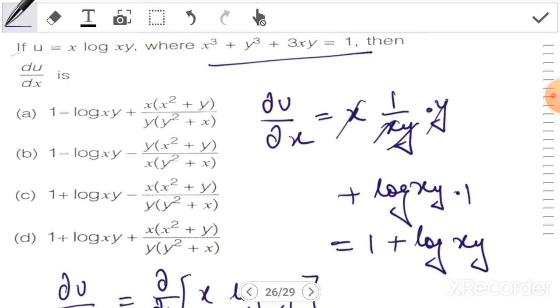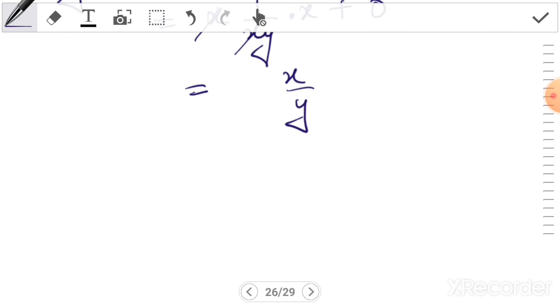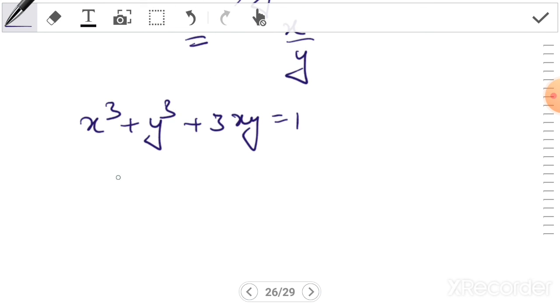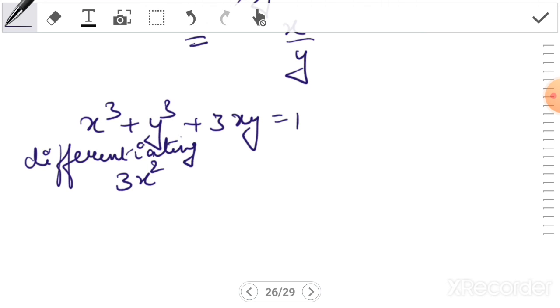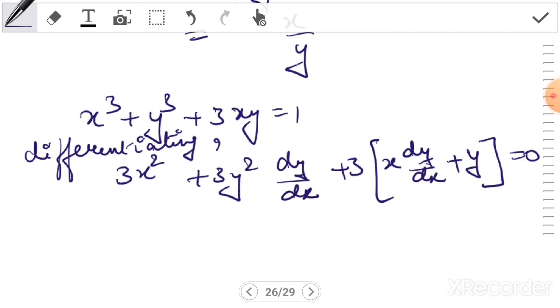Okay, now differentiating this equation with respect to x, so x cube plus y cube plus 3xy is equal to 1, so we have 3x square plus 3y square dy by dx plus 3x dy by dx plus y dx by dx is equal to 0.